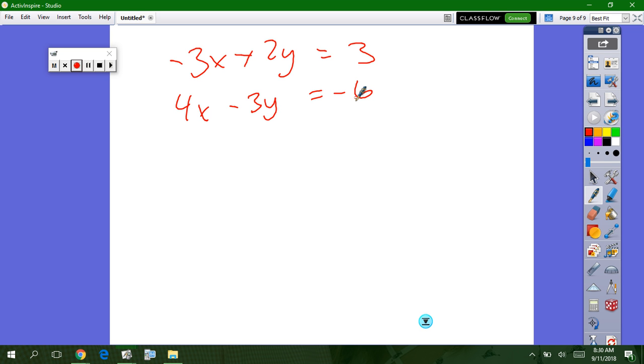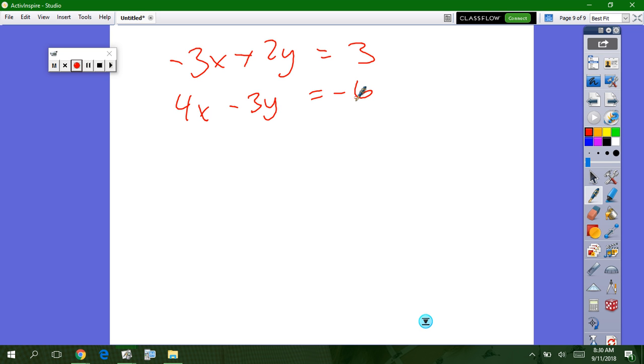Notice, can I just manipulate one row to make him look like another row? Not as pretty, right? So I have to manipulate two rows, don't I?